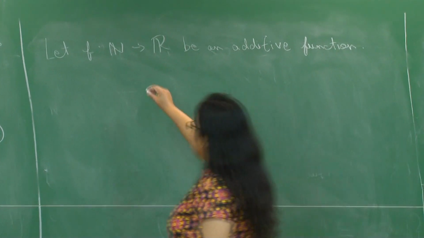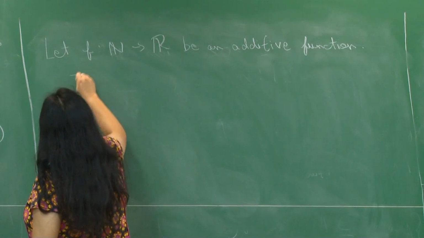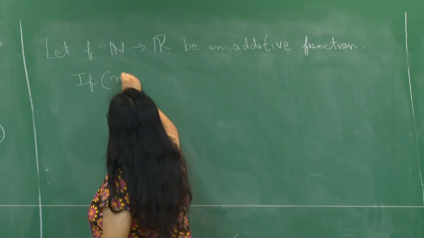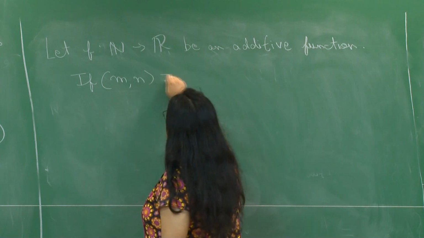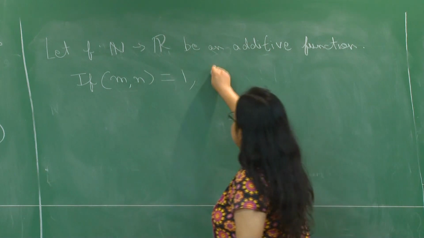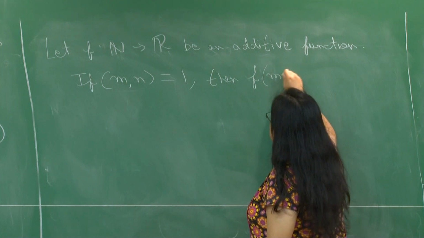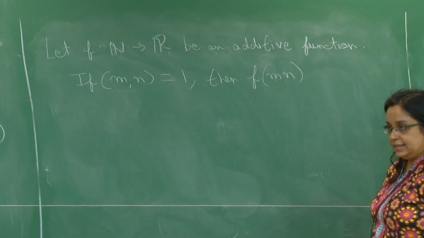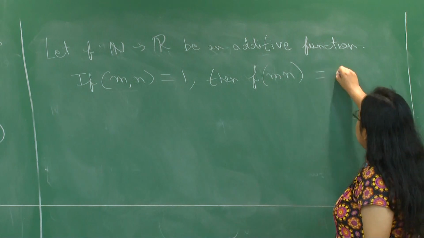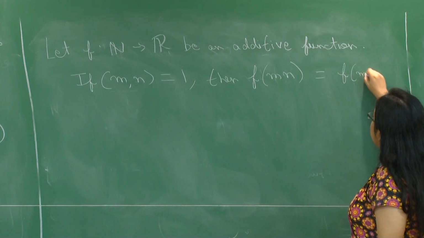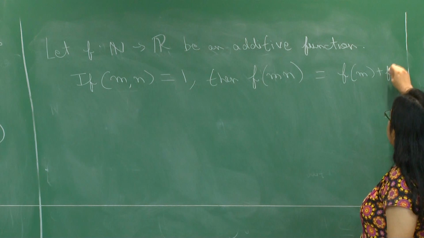By additive we mean that if m and n are co-prime to each other, then f at the product of m and n is equal to f of m plus f of n.